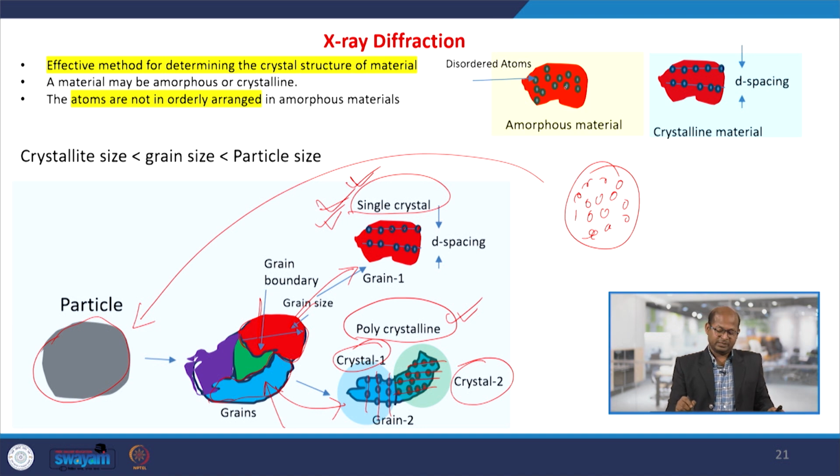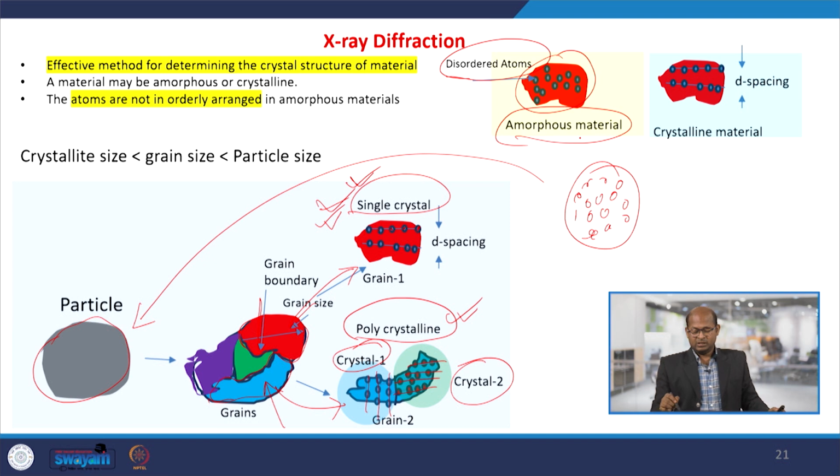If the atoms in a material are distributed like this, not orderly arranged, then it is called an amorphous material. If the atoms are orderly arranged, it is a crystalline material. This is the basic difference between amorphous and crystalline. The same material, depending upon the synthesis, can be made amorphous or crystalline.